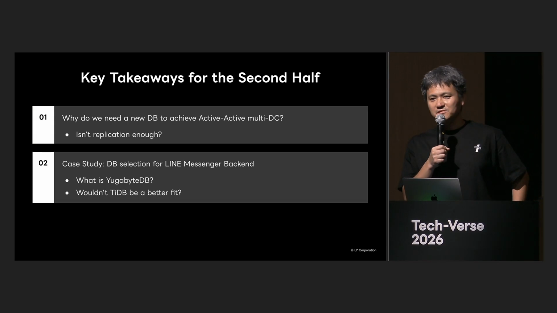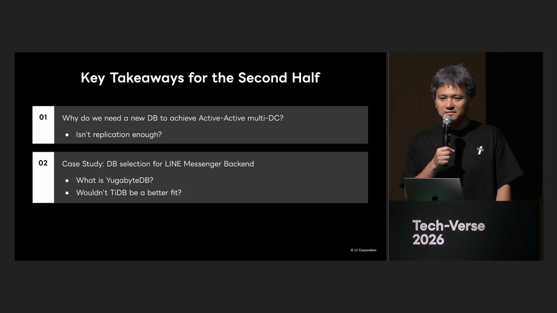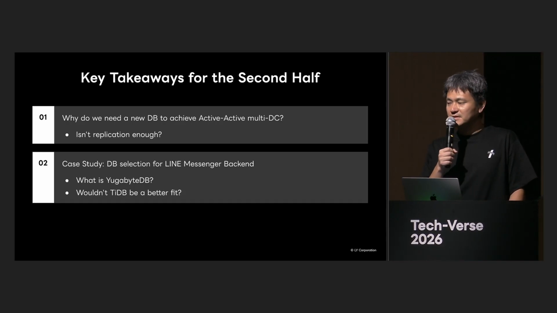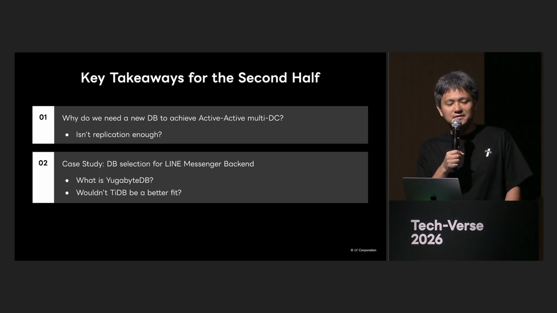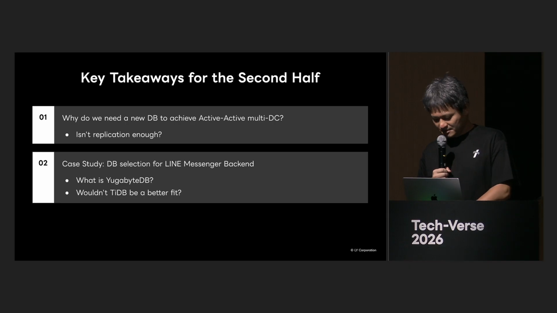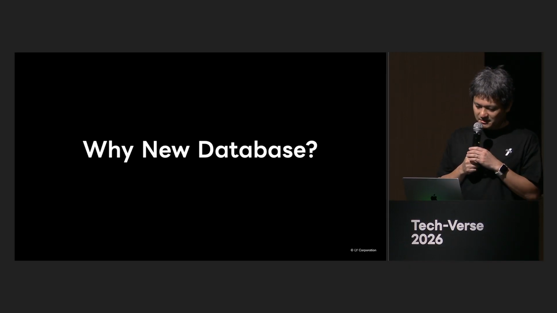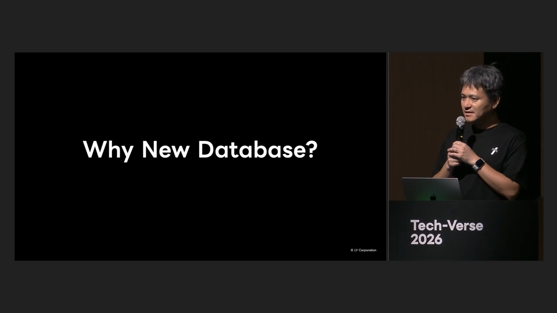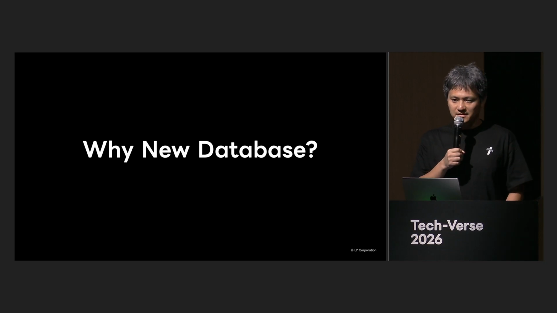I believe some of you might feel that the topic has shifted a bit, so I'd like to explain that part first. The second point is why Yugabyte DB. Especially in Japan, there are many cases where TiDB is adopted. I will now explain why we did not choose TiDB. So, let's dive into the first point. Why do we need a new database?